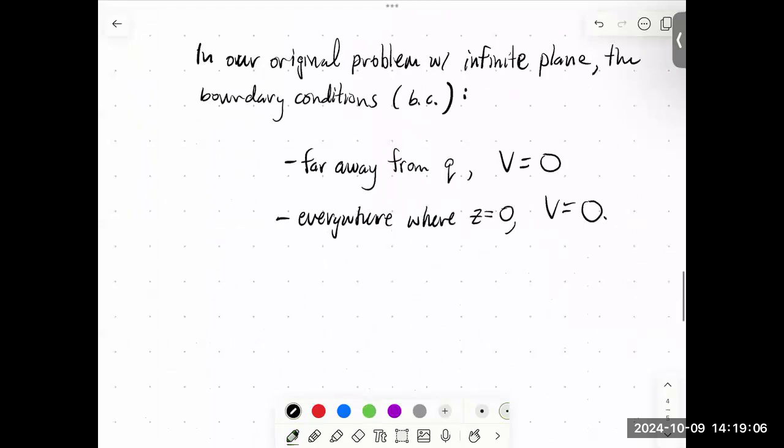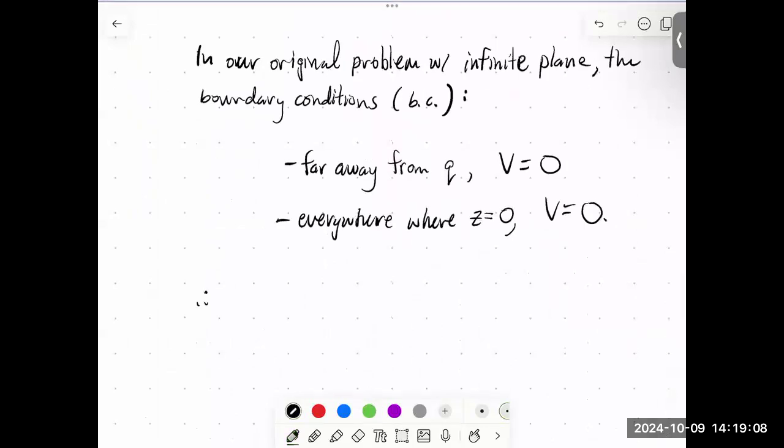So therefore the dipole configuration satisfies the boundary conditions.